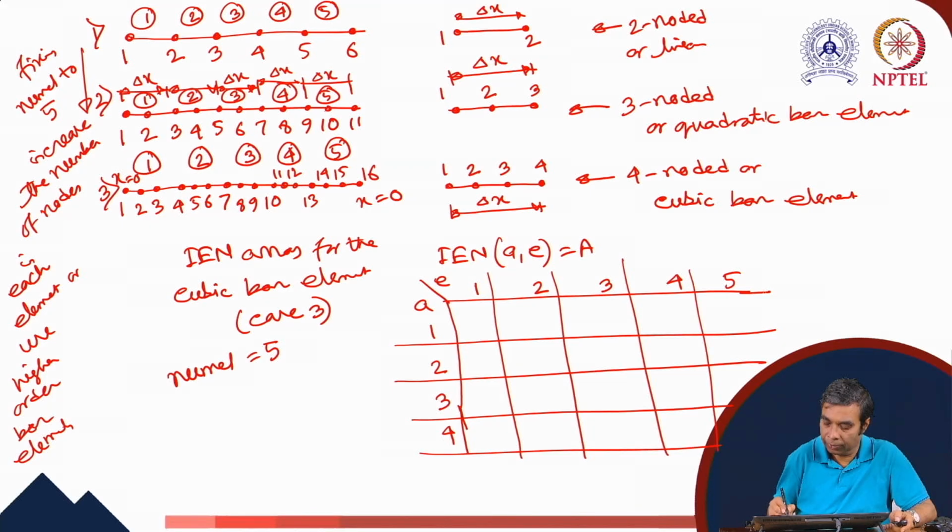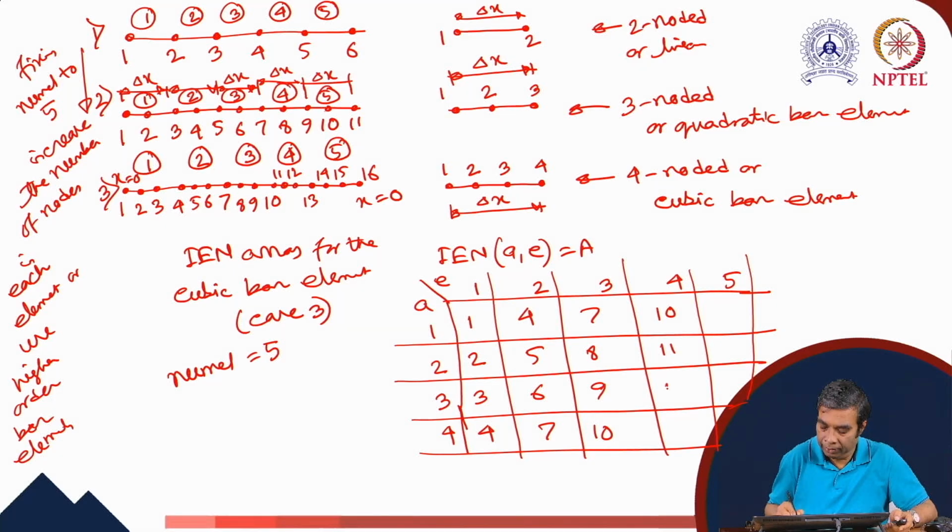Let us make this chart first. For the first element, our nodes are 1, 2, 3, 4. For the second element, our nodes are 4, 5, 6, 7. For the third element, our nodes are 7, 8, 9, 10. For the fourth element, our nodes are 10, 11, 12, 13, and finally for the fifth element, our nodes are 13, 14, 15, and 16.